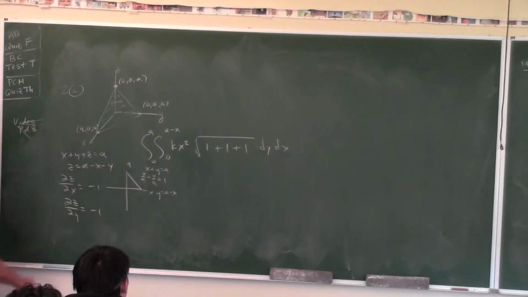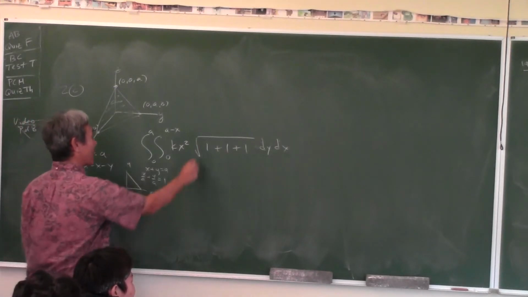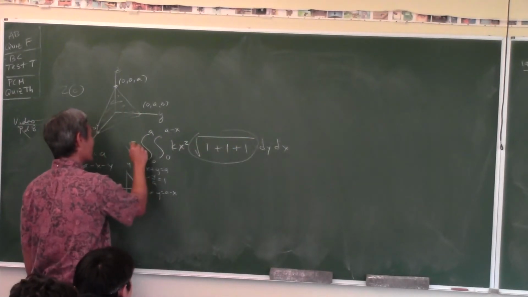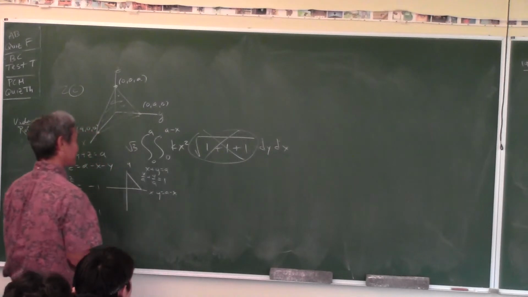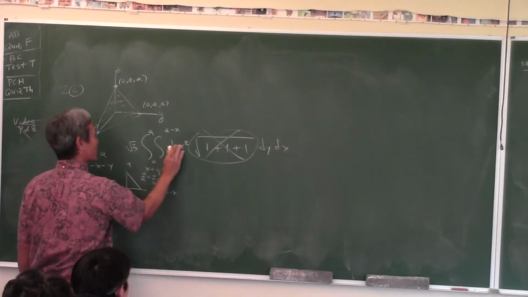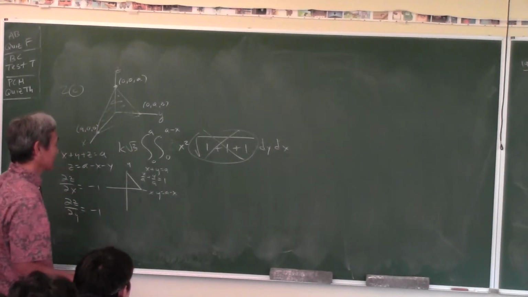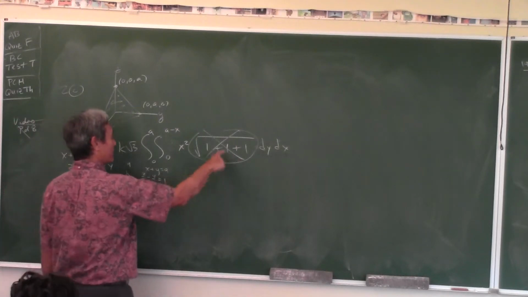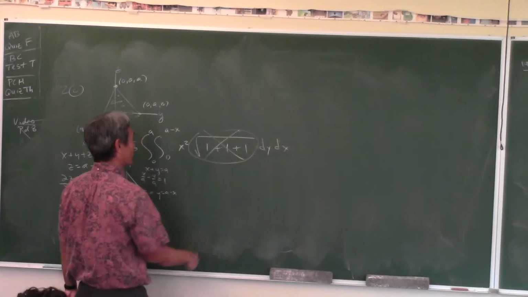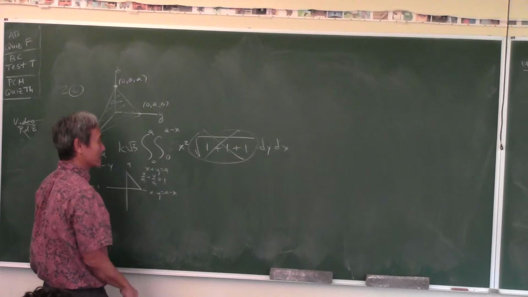Here's your integral. Okay, now this root 3 is a constant, so throw it on the outside, and let's throw the k on the outside too. How do you integrate x squared with respect to y? Actually, x squared is a constant too.